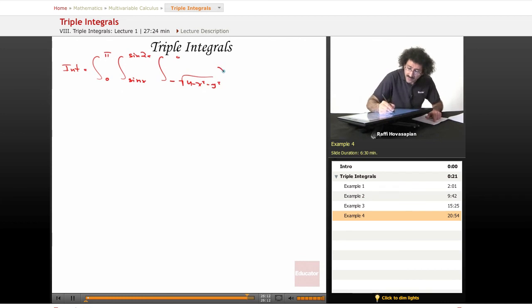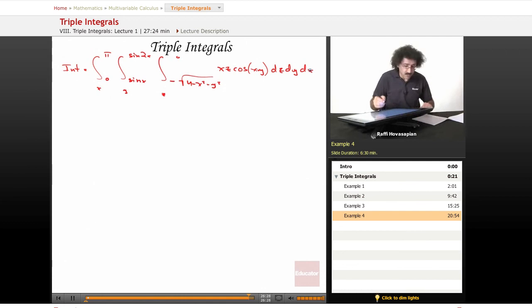And then, of course, we have our function, which is xz cosine xy. So we're going to do dz, dy, and dx. And when we put this in our software, we get the following number, 13.657.